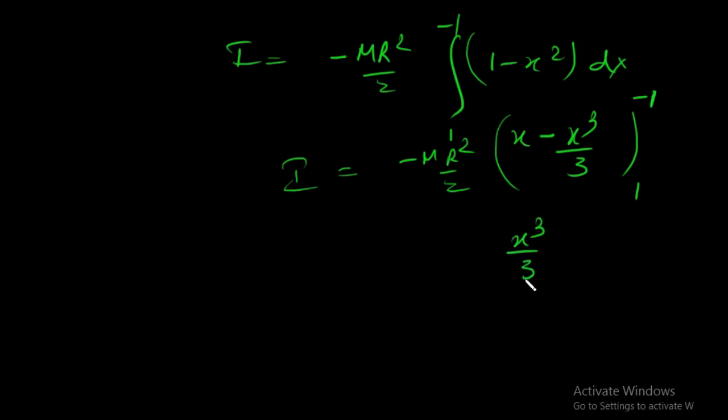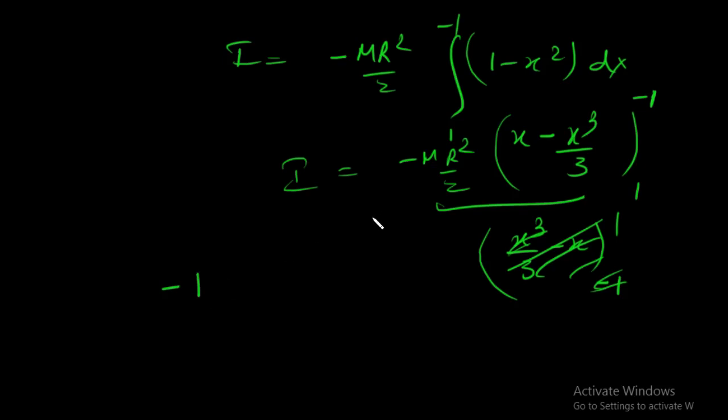This would be x cube by 3 minus x from minus 1 to 1. No, actually the first form is correct. So we put the values over here. We see minus 1 for x, and then again minus 1. This is for x. Minus of minus 1 cube and then minus of 1 cube, right?